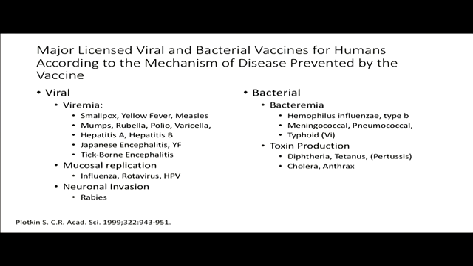And so essentially all of these viral infections, mucosal replication for influenza, rotavirus, human papillomavirus, prevention of retrograde transport of the rabies virus to the central nervous system, all antibody against bacteremia and against toxin production for these bacteria.